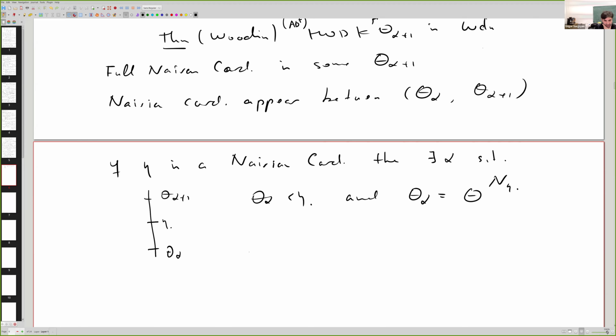And the other remark is that the psi of the theorem is the least Nairian cardinal.